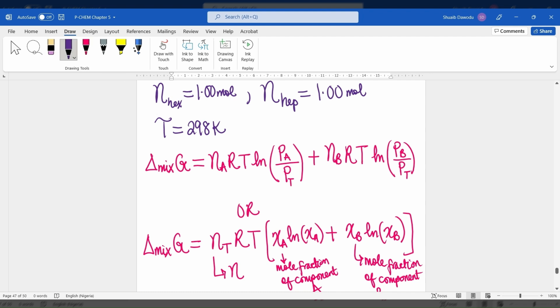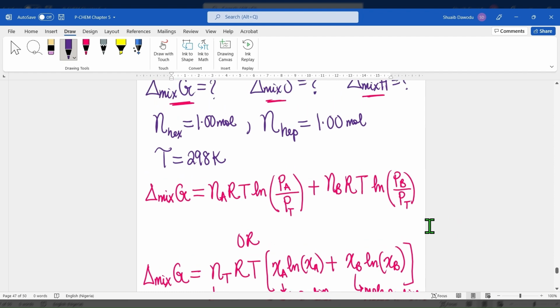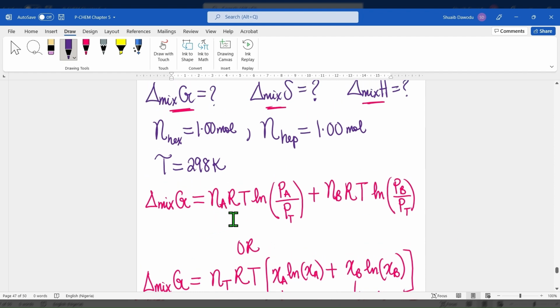Now you may be wondering, which one should I use? There are two of them. It is very, very simple. You have to use the one that is most closely related to the parameters given in the question. For example, in the first formula, we have the number of moles of each component, temperature, which you're always given, the gas constant, which you always have, and then the pressure of each component as well as the total pressure.